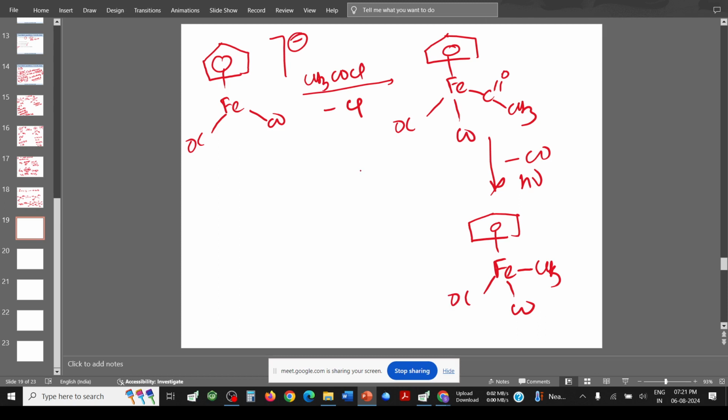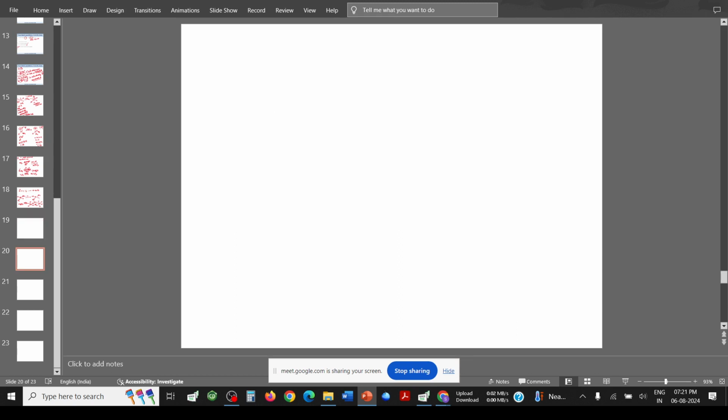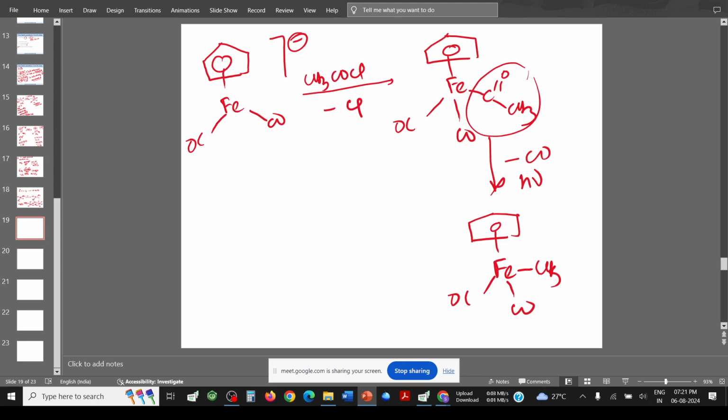So this acyl moiety attached to this metal center prefers to eliminate the CO upon heating or irradiation conditions. Okay.